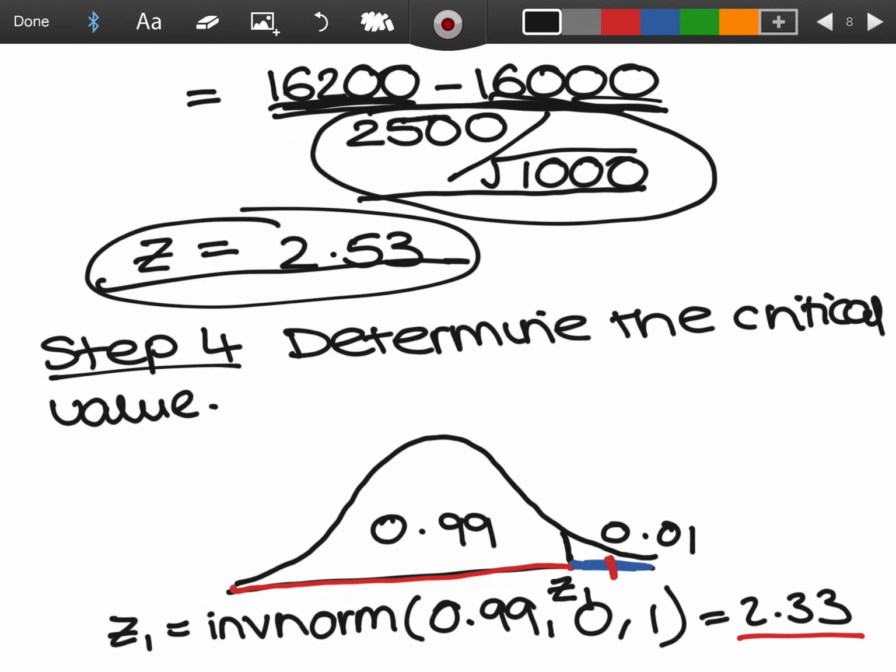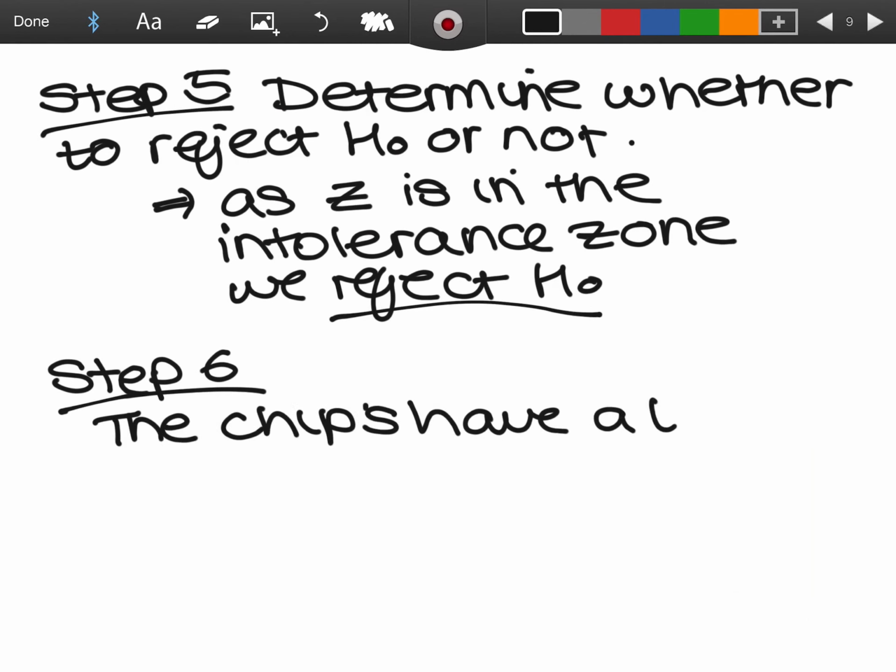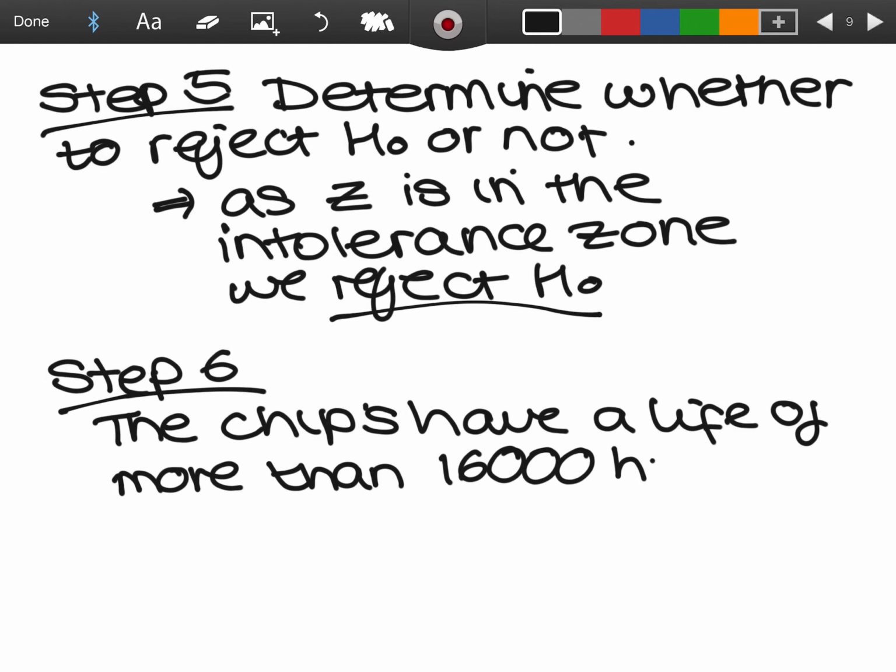So the chips have a life of greater than 16,000 hours. This new technique is succeeding in making those processors superior, because it increases the life of the chip compared to what it was initially.